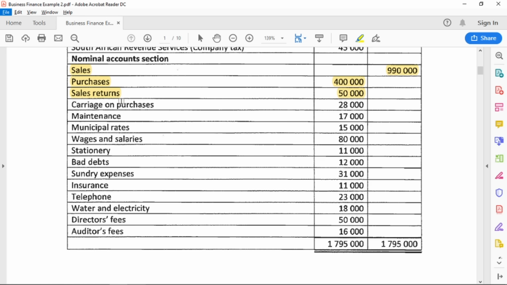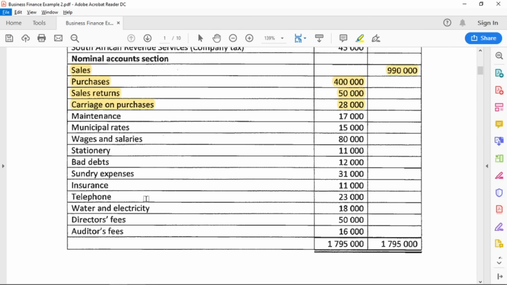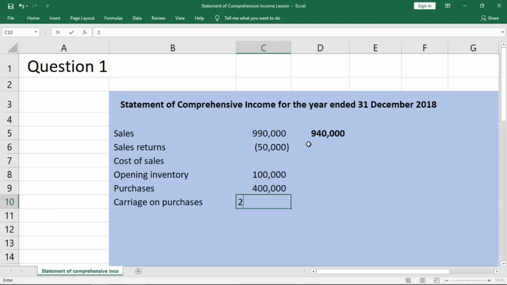So you see here we have carriage on purchases. If we didn't have carriage on purchases, we wouldn't be able to bring our inventory to a place where we could sell it. That's why we include it as part of our inventory. So we highlight carriage on purchases, and I'm going to write that down in our Excel here. Carriage on purchases, you put it as a positive because it forms part of the cost of our inventory, and we put the amount there, 28,000 rand.